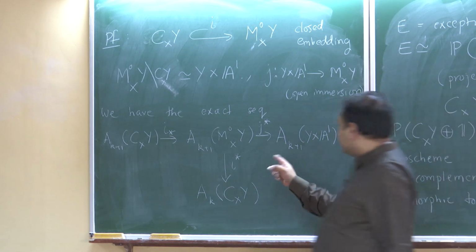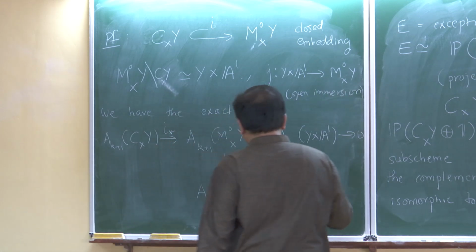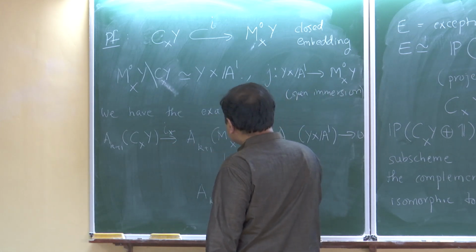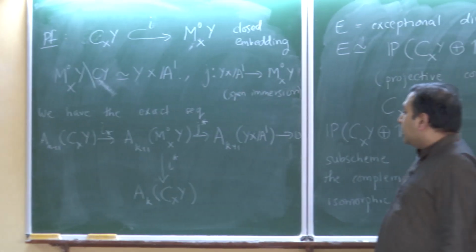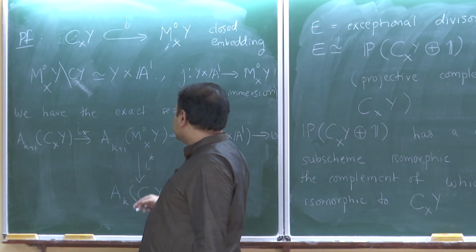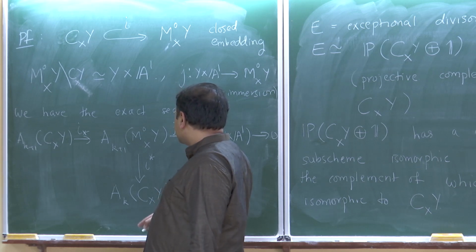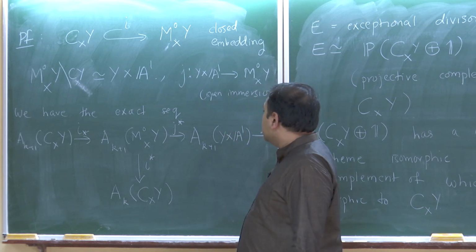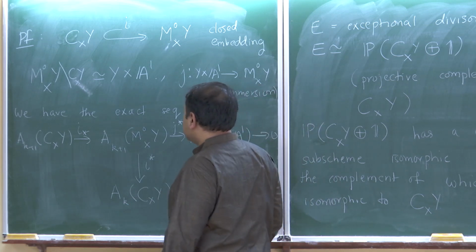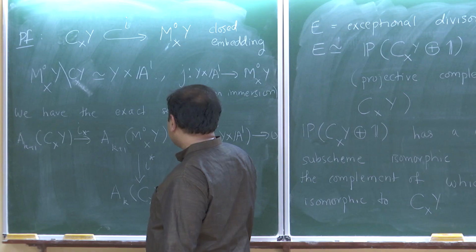Let's just say that this is the pullback along i, and since the relative dimension is -1, it goes down, from A_{k+1} to A_k.